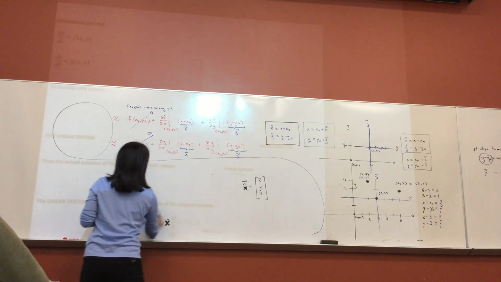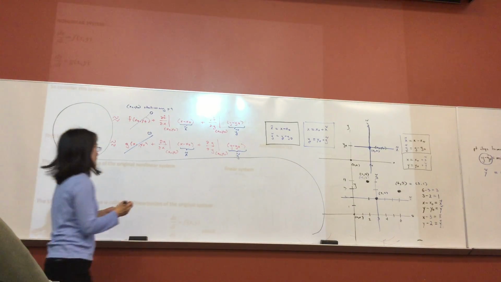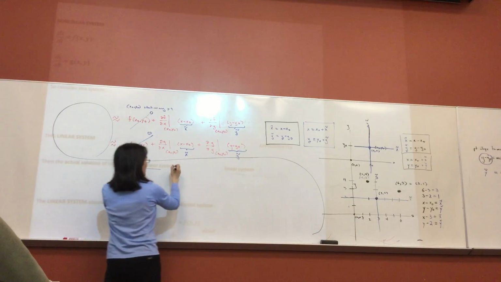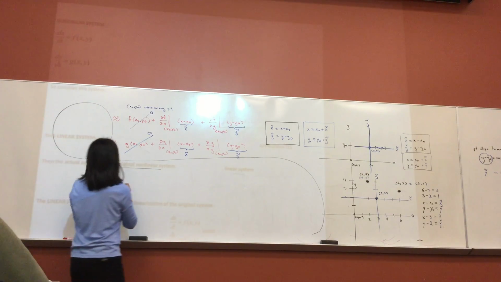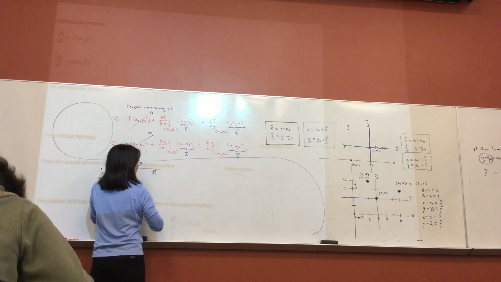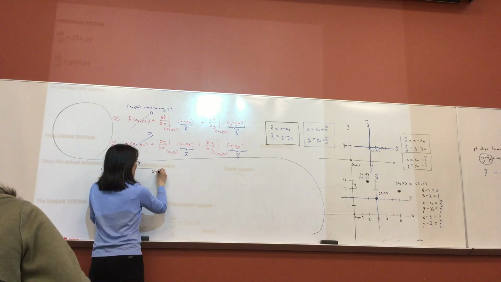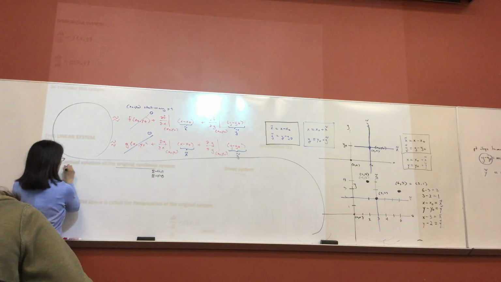The actual solution of the nonlinear equation: remember, the original nonlinear system is dx dt equals f of x, y, and dy dt equals g of x, y.